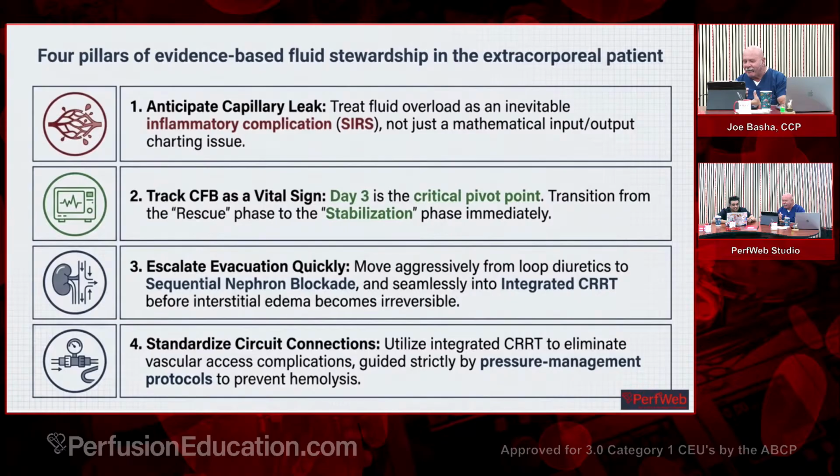Transition from the rescue phase to stabilization, escalate evacuation quickly and more aggressively, from loop diuretics to sequential nephron blockade, and seamlessly into integrated CRRT. So their preference is CRRT over diuretics. Which, like you said, is good. Standardize circuit connections, utilize integrated CRRT to eliminate vascular access complications, guided strictly by pressure management protocols to prevent hemolysis.